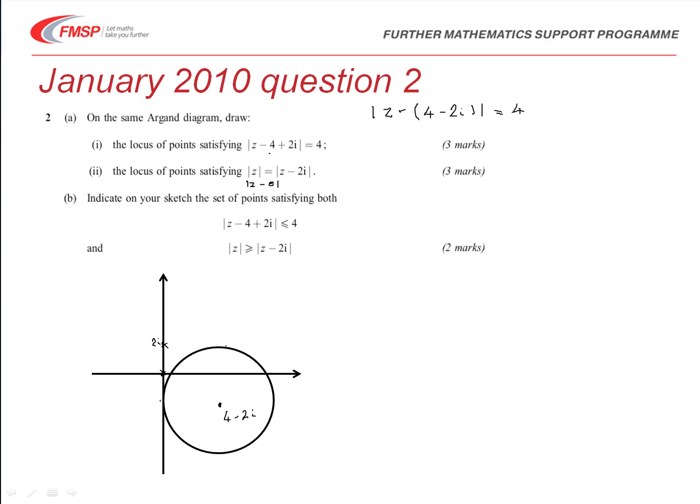And so, very carefully then, we can draw in our perpendicular bisector. So it's halfway between those 2 points.